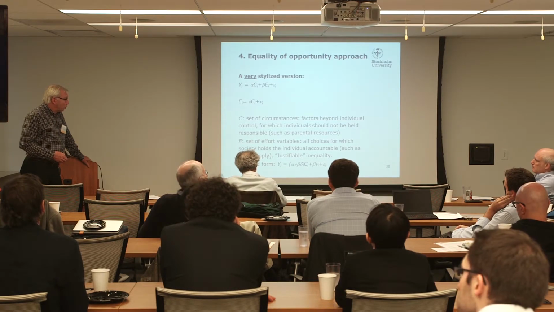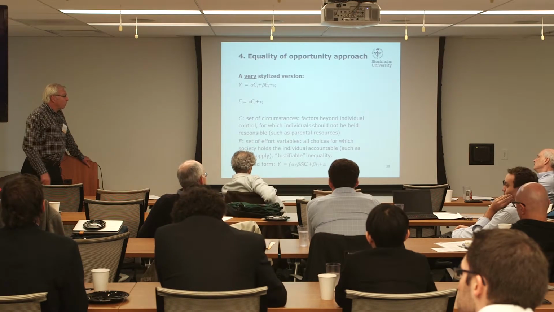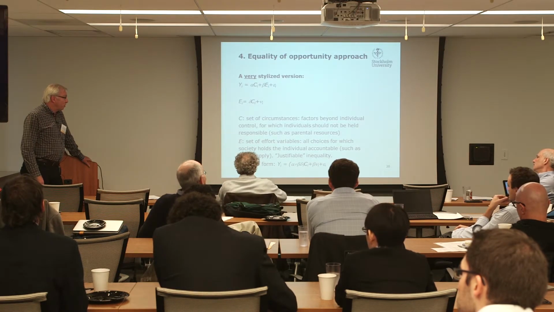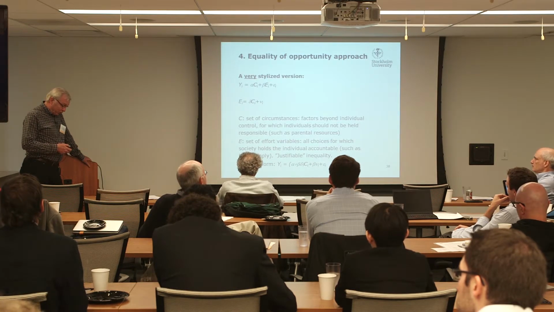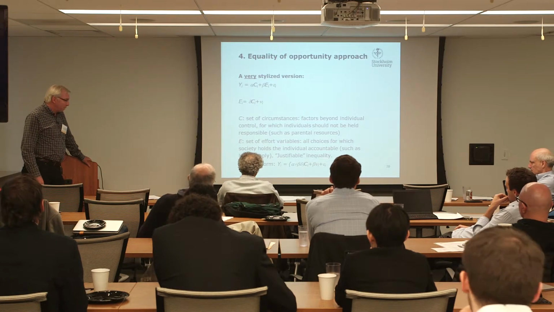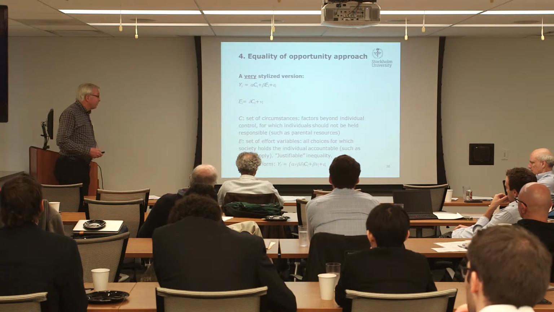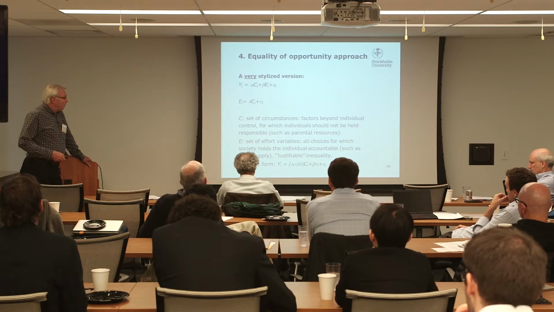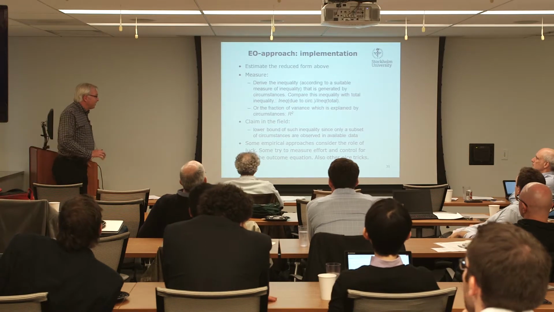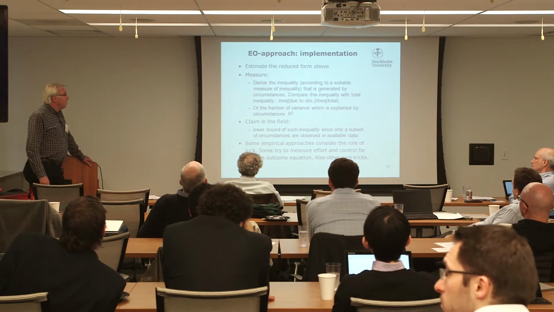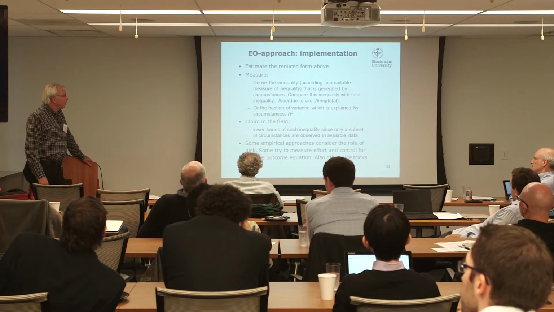But that is also, in this framework, considered unjustifiable inequality. So the goal here is to estimate the reduced form to see the total impact of these circumstances. This is done in the most simple way, almost naive, but I think it's enough for the discussion here.